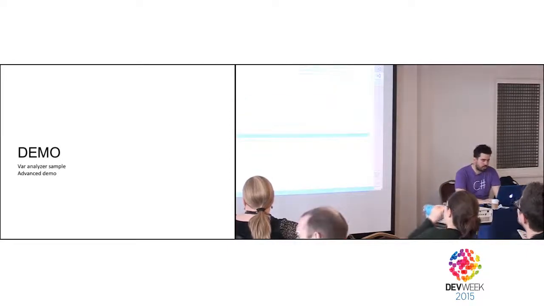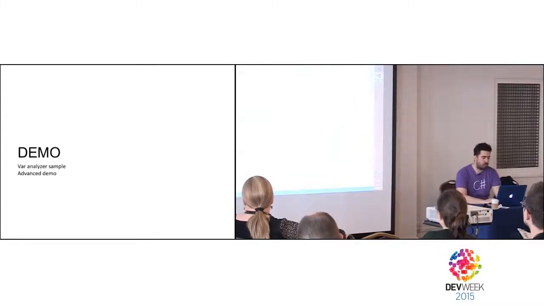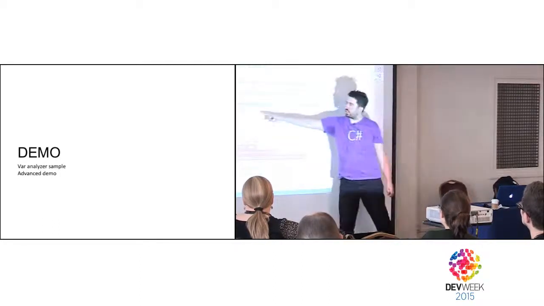So how is that done? The code is rather simple. So I'm going to show you. What we want to find is a syntax node. Which one? We want to find the if statements and the else clauses, right?